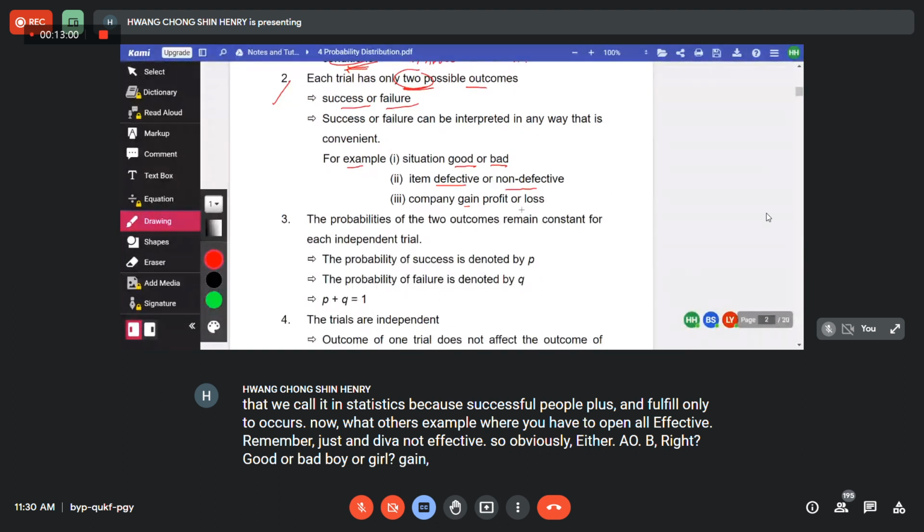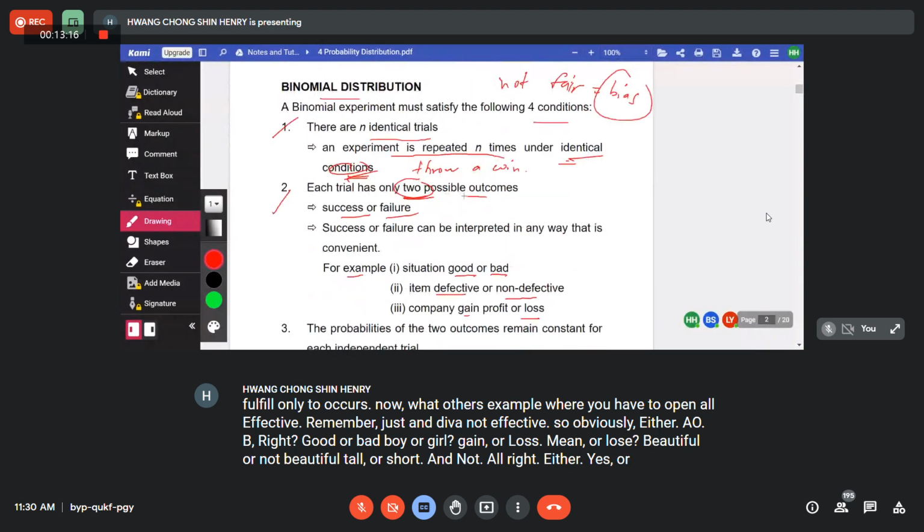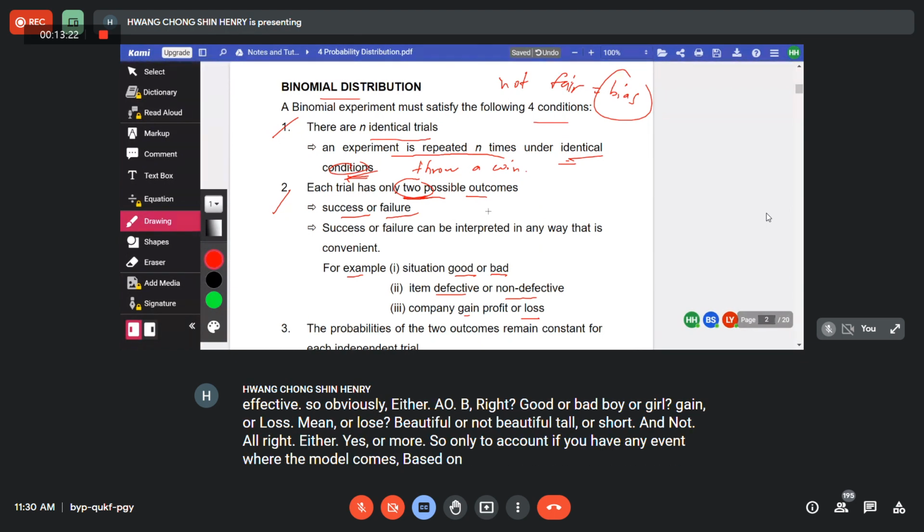Gain or loss. Win or lose. Beautiful or not beautiful. Tall or short. Fat or thin. Dark or bright. Either yes or no. So only two outcomes. If you have any event where there are more than two outcomes, that's not binomial already.